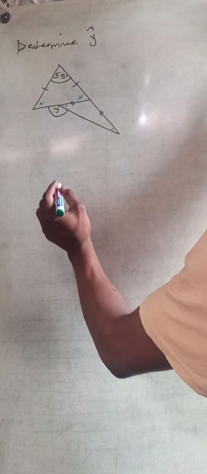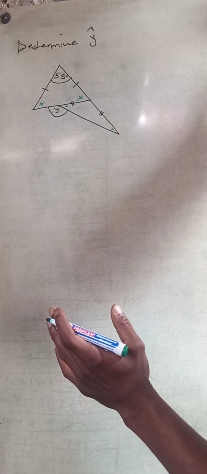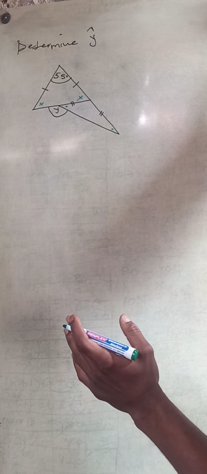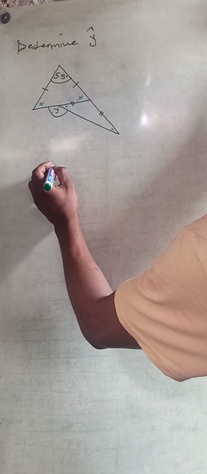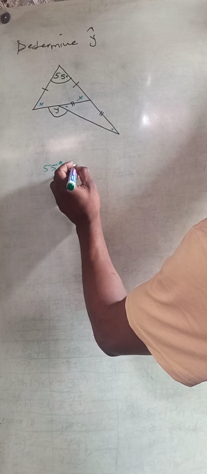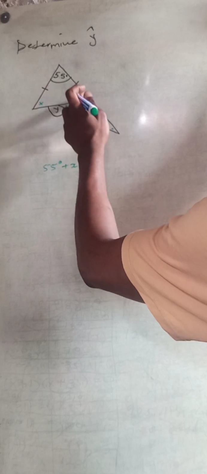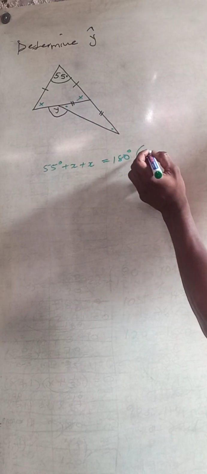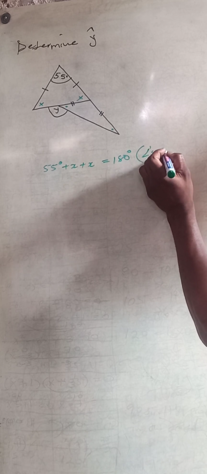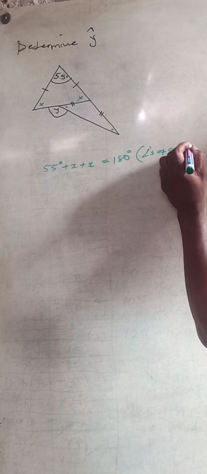So on this triangle, we know that angles in a triangle add up to 180 degrees, right? So 55 degrees plus x, plus x, is equal to 180 degrees. What is the reason? Angles of a triangle.